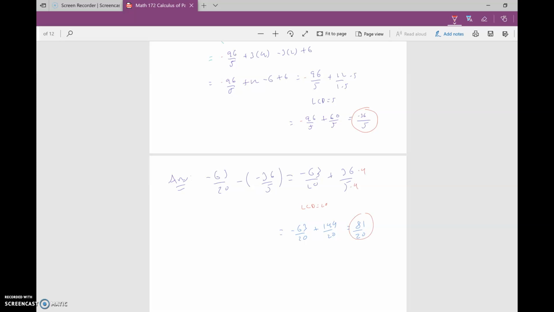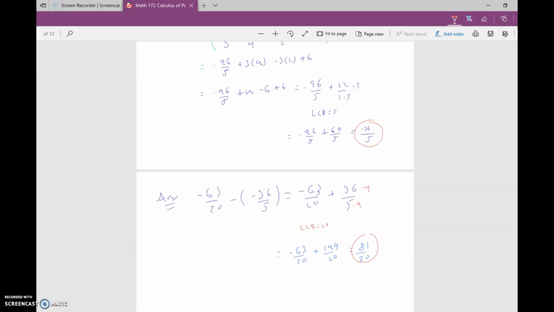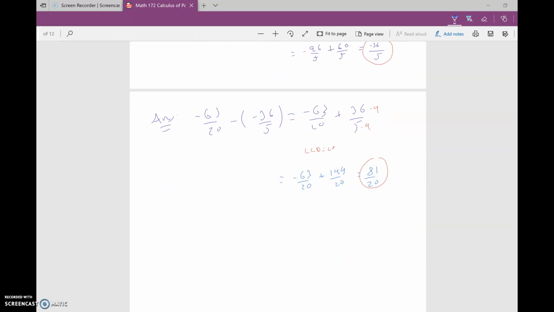Okay, now we're matching what I had. So the final answer, the enclosed area, is equal to 81 20ths units squared.